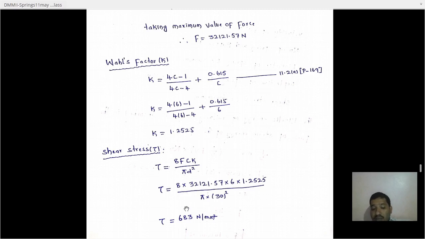If you divide the whole term with the help of the calculator, then you will get the answer as 683 Newton per mm square.